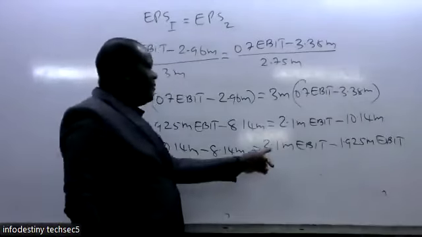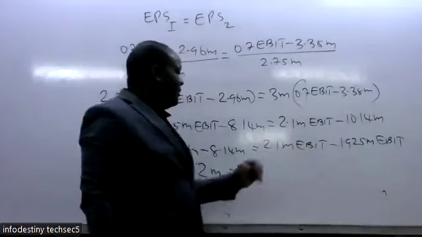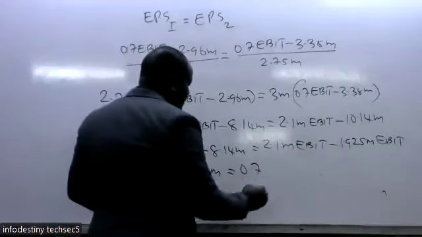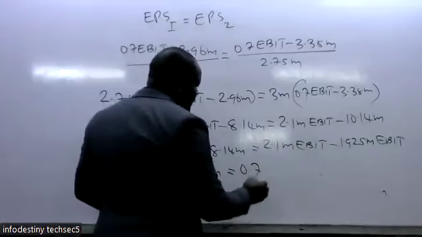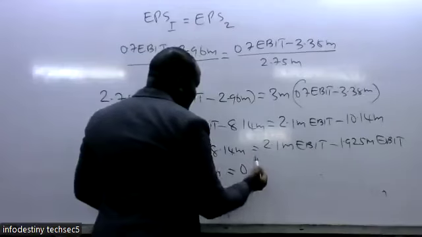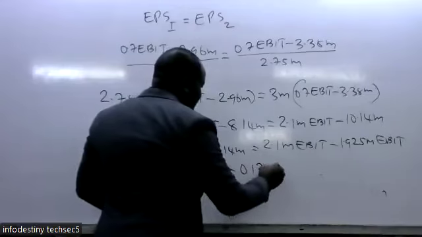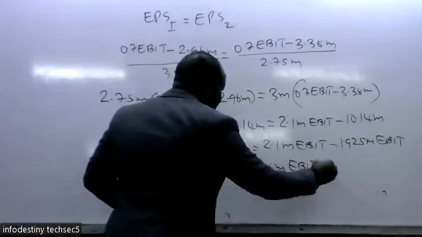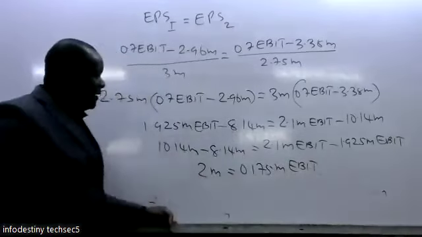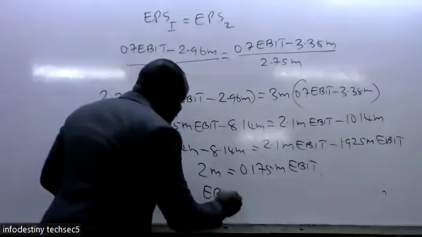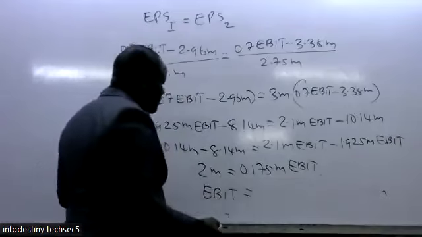Then this other one, minus this from this, 0.7 minus 0.525 gives 0.175 millions earnings before interest and tax. So now we make earnings before interest and tax the subject.